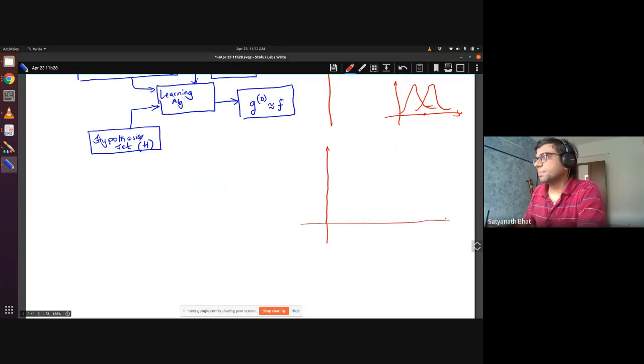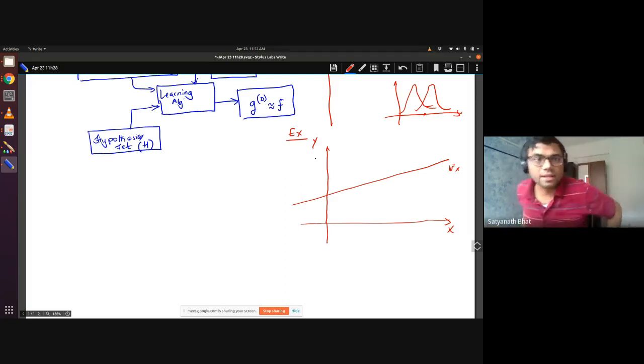Let me just take a simple example, where there is an underlying model and some Gaussian-like noise. This is my W transpose X, which is telling what is the thing that I would like to learn. This is X and this is Y.